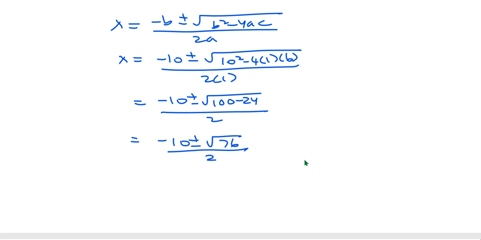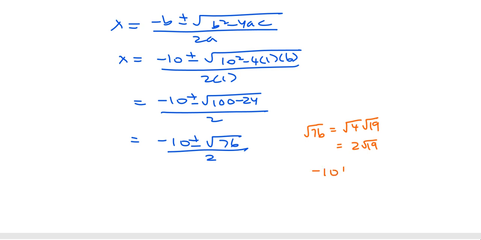Okay, and for those of you who might want to work ahead a little bit, this square root of 76 can actually be simplified, and this is more of a grade 11 thing, but the number 76 is actually 4 times 19. So this is the square root of 4 times the square root of 19, which is really 2 times the square root of 19, because the square root of 4 is a whole number.